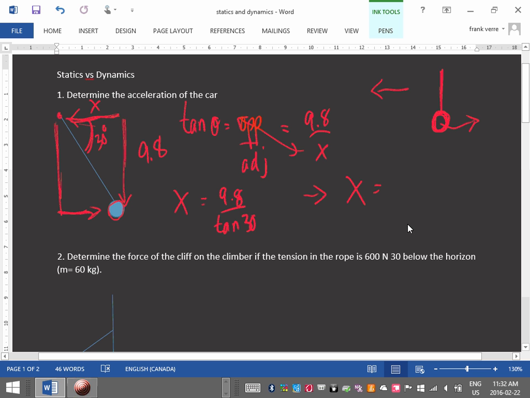What do we get for x? What is it? 17? Yeah, 17.